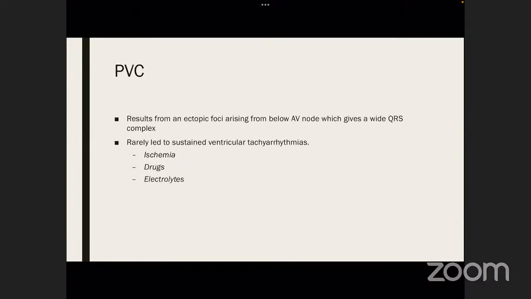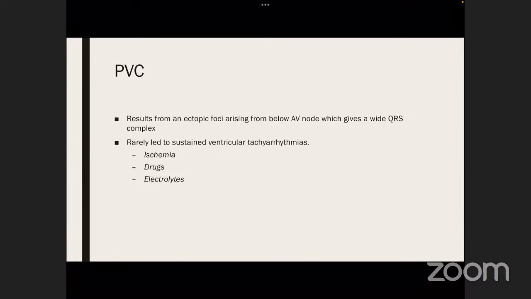PVCs result from ectopic foci arising from below the AV node, hence the ventricular arrhythmia, which gives a wide QRS complex. It rarely leads to sustained ventricular tachyarrhythmia. What might be the causes?